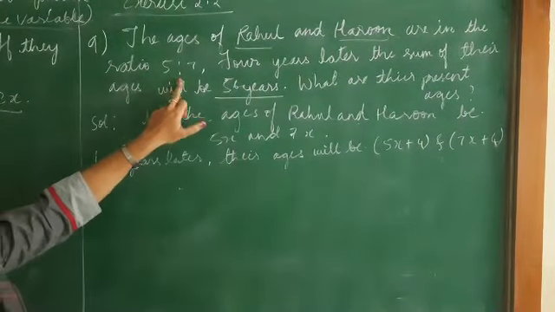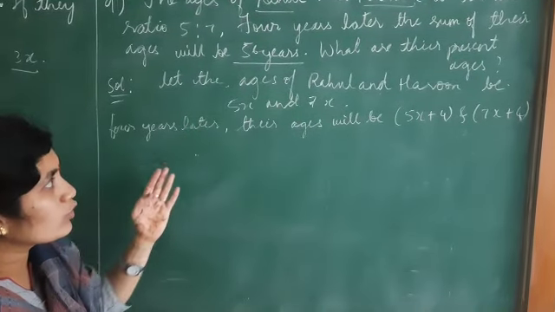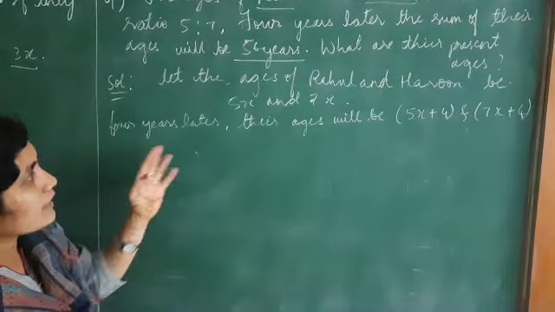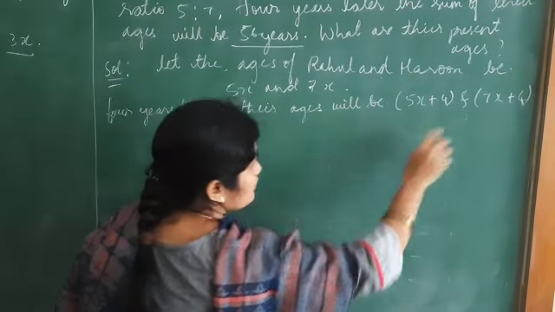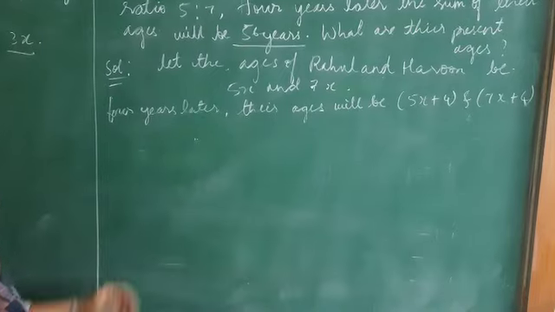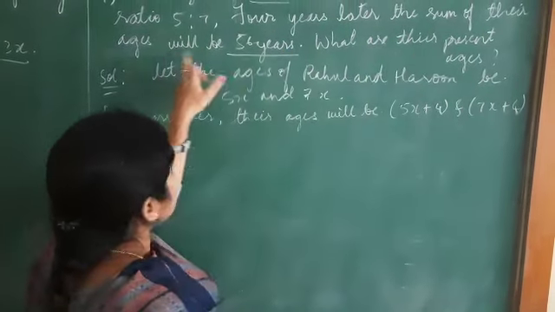Now, let us move on to the solution. Let the ages of Rahul and Harun be 5x and 7x, because we don't know the exact age. The ratio is given, so we are considering 5x and 7x. 4 years later, their ages will be 5x plus 4 and 7x plus 4. The given is that 4 years later, the sum of their ages will be 56.